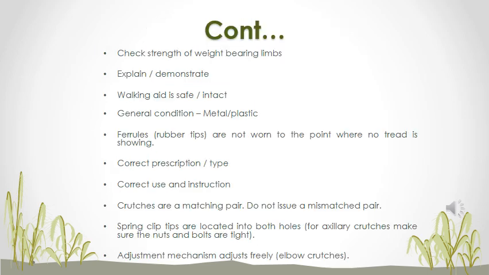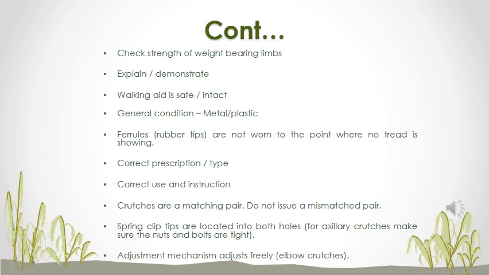Further safety precautions: check the strength of the weight-bearing limbs. Explain clearly and then demonstrate what is expected of your patient. Make sure your walking aid is safe and intact.